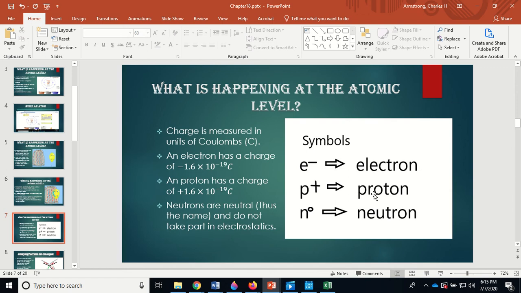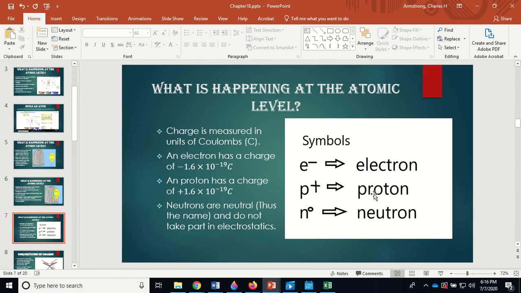So these are the symbols we're going to use. E, little e with a minus sign, is going to be an electron. A p with a plus is going to be a proton. An n with a little zero, that's going to be a neutron. Charge is measured in units of coulombs. An electron has a charge of minus 1.6 times 10 to the minus 19 coulombs. A proton has a charge of plus 1.6 times 10 to the minus 19 coulombs.